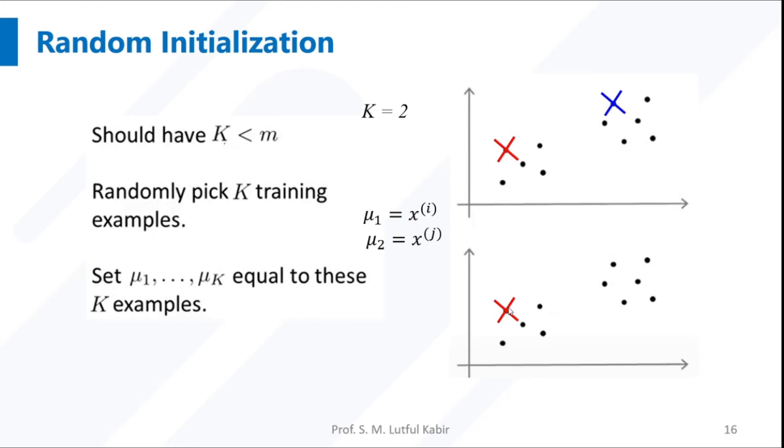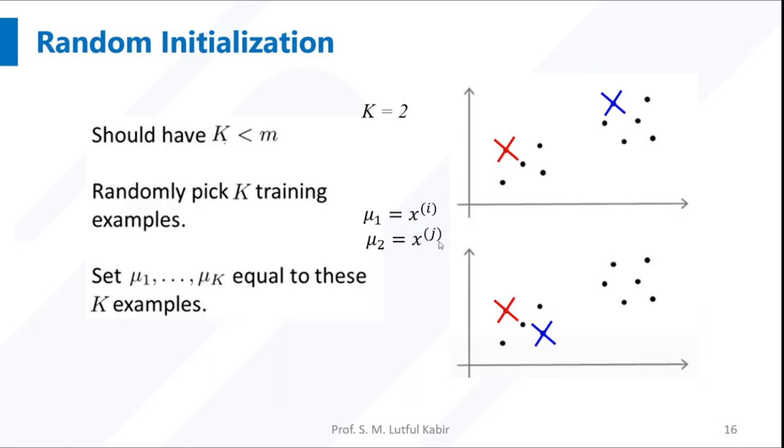The initialized random points may be within a single cluster, and as you move, you may end up in this particular cluster, and that is the end of the result. And mu1 is xi and mu2 is xj.